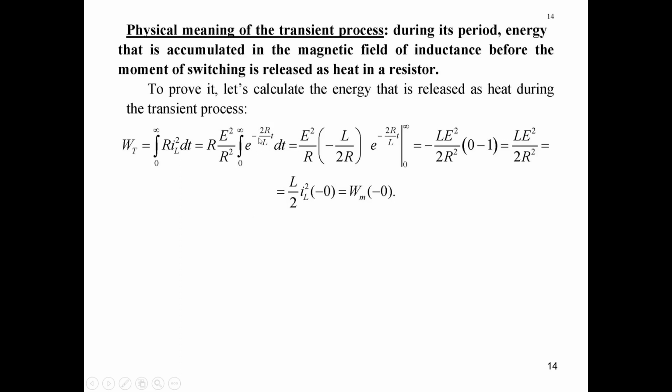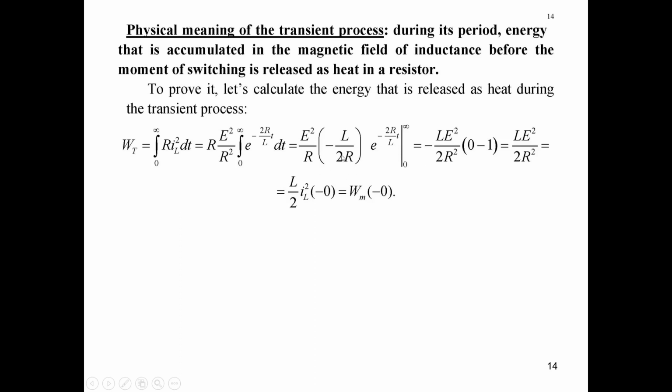So it will be minus L over 2R, dividing this expression by this coefficient, and when we multiply by this coefficient we have the exponential function d of this argument. So the integral of such a function is just this exponential function.